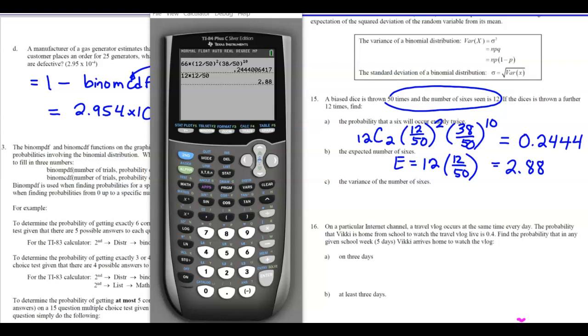So around 3 times approximately. The variance of the number of sixes, so variance is basically the expected value, this part here, the expected value. And that was actually an exact value, so keep that.